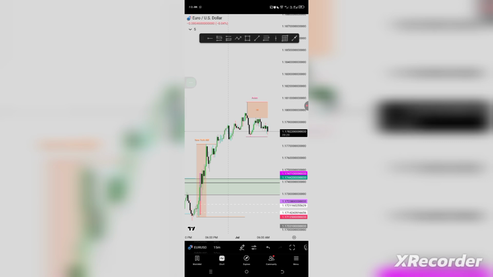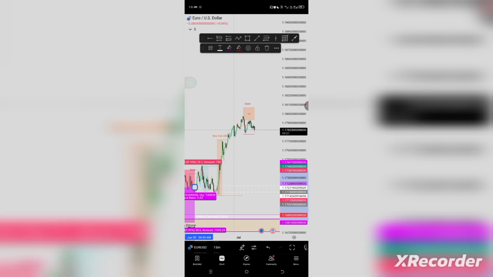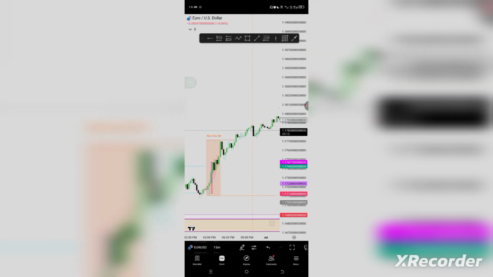I'm trying to look for it. I think this market is quite choppy. So let me delete this, taking that off so I can mark out my first zone.